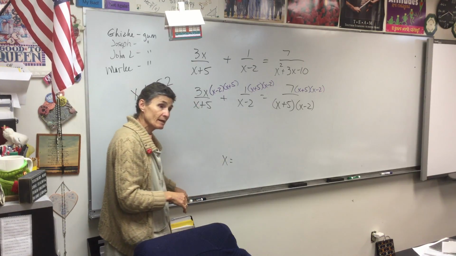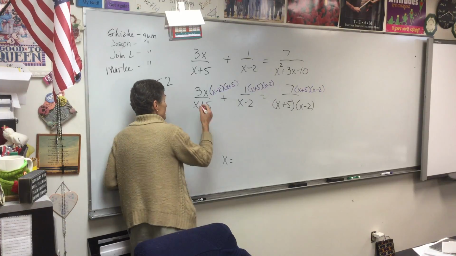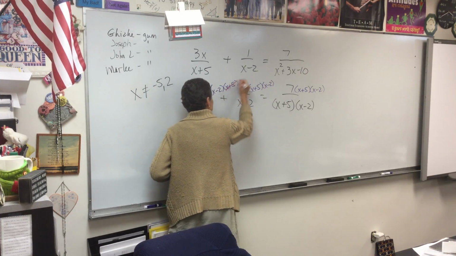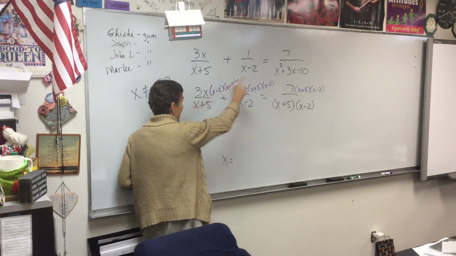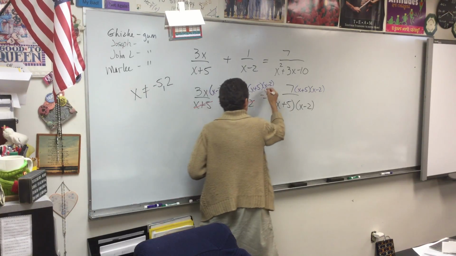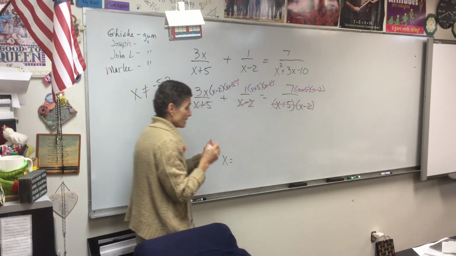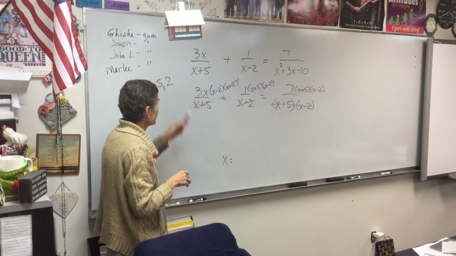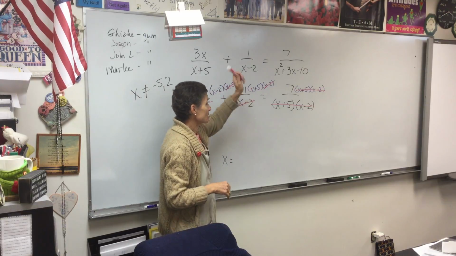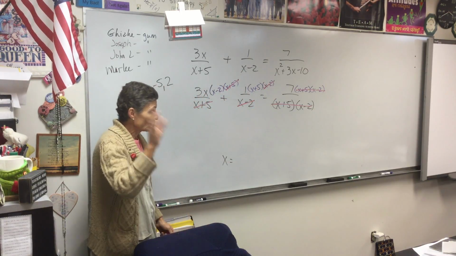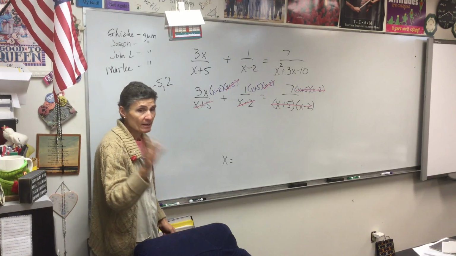And the reason that I did that is so that in my very next step, I could do this. Slash, slash, slash. After you have written x minus 2, x plus 5, every place, cancel it all out. Whatever will cancel. Every denominator should be gone.